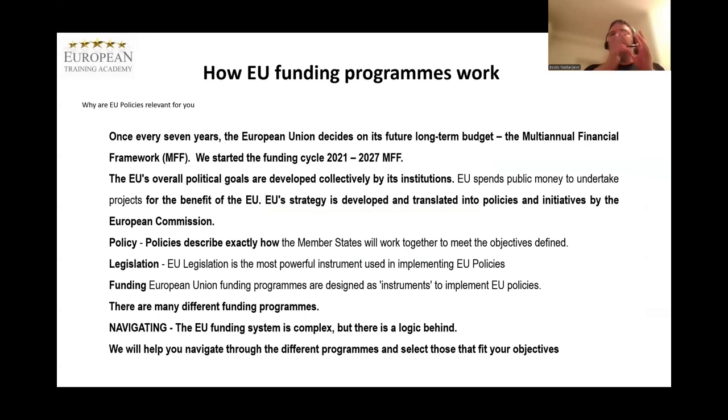It literally states that once every 7 years, the European Union decides on its funding in terms of the long-term budget, and the EU budget is called the multi-annual financial framework. Now we are within this cycle between 2021 and 2027 of the MFF, and the EU's overall political goals are developed collectively by the institutions.